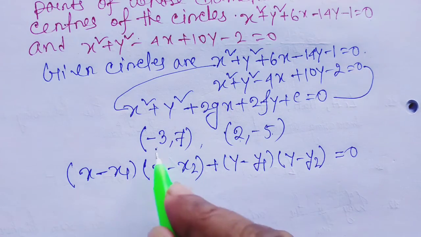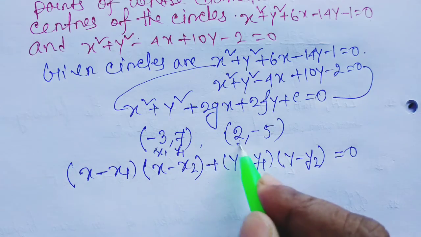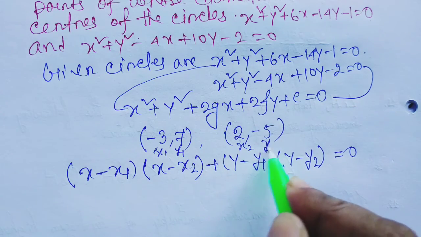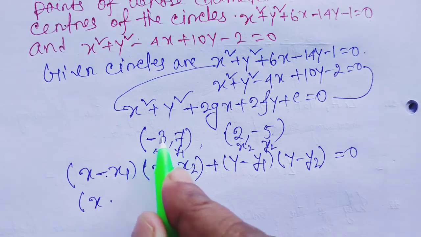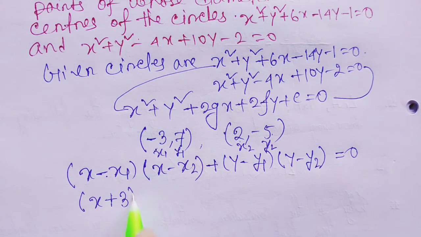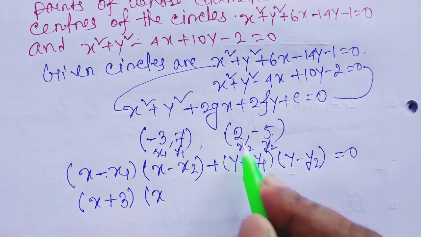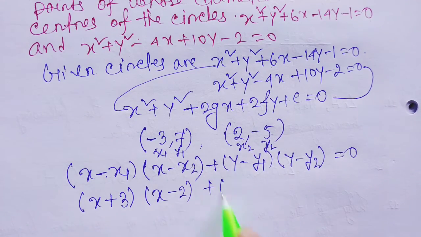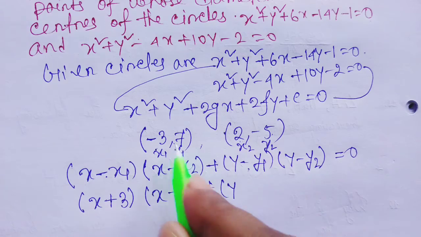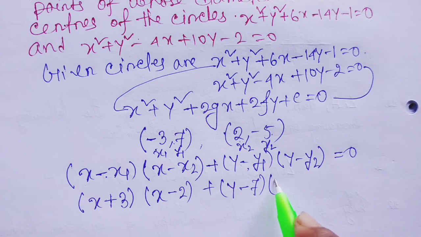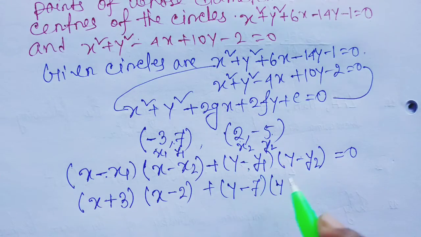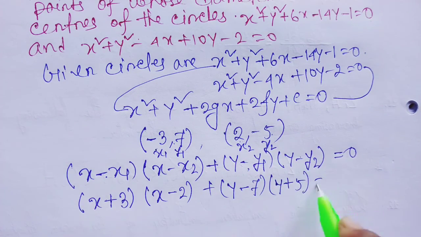Just put in the values. This is x1, this is y1, this is x2 and this is y2. So x minus minus 3 will be x plus 3. Here x minus 2. Then y minus 7 into y minus minus 5, so it will be y plus 5.